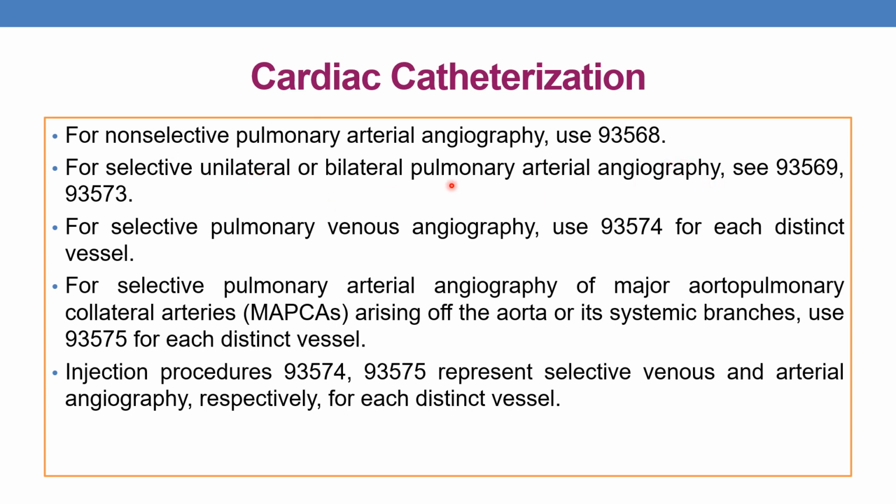For selective unilateral or bilateral pulmonary angiography, the codes are 93569 and 93573. And for selective pulmonary venous angiography, you need to use 93574 for each distinct vessel.